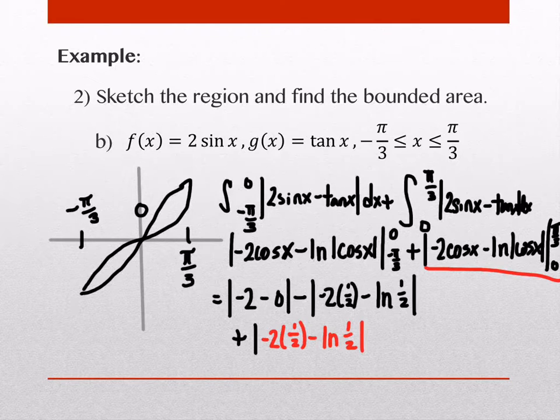And I'm supposed to plug in 0. So when I plug in 0, I get negative 2 times the cosine of 0, which is 1, so that's negative 2. Minus the natural log of cosine of 0, so that's the natural log of 1, and the natural log of 1 is 0.